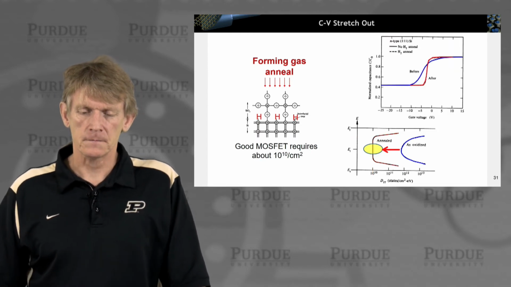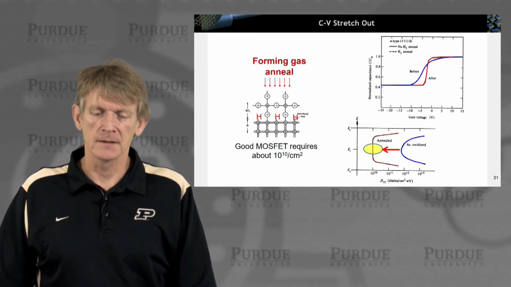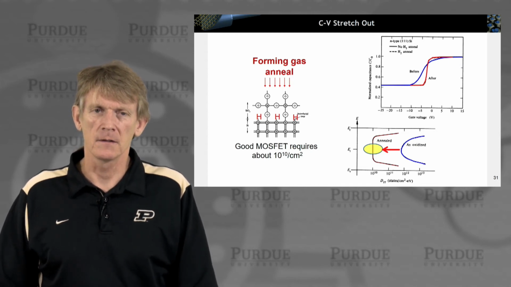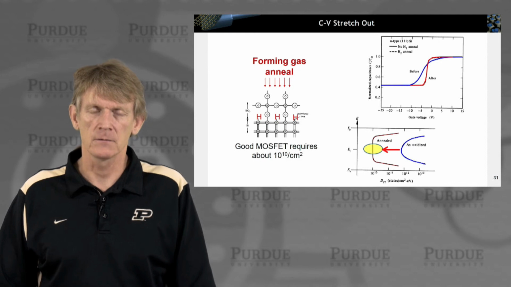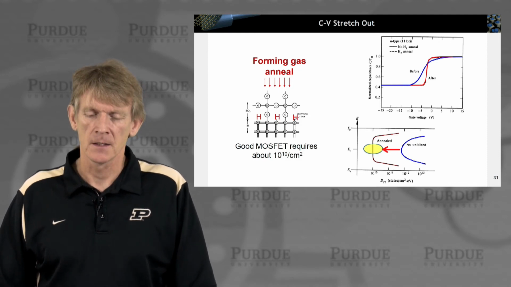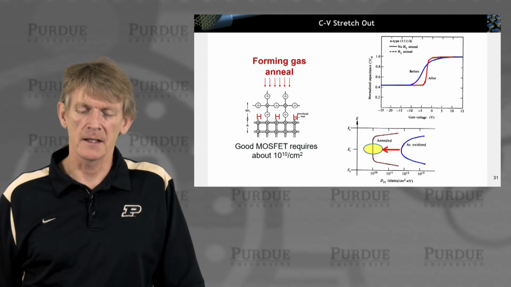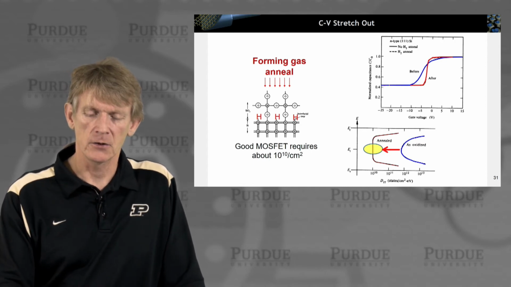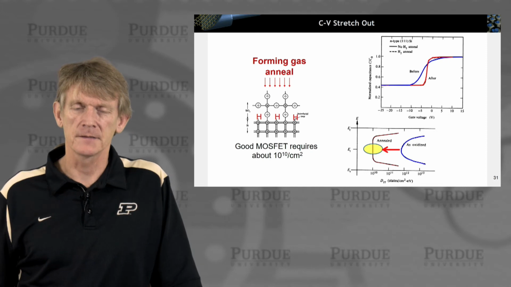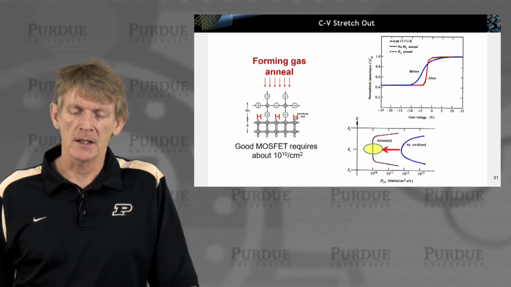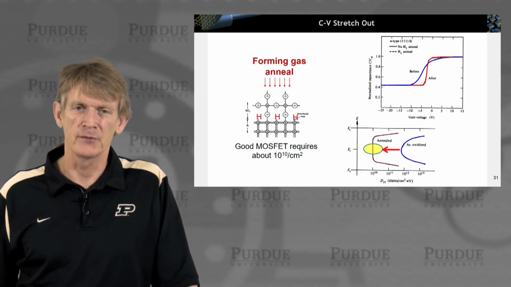All right, so if you had a structure, again we have here an N-type substrate where we measure the CV. If you have not done any anneal, you'll get a CV curve as shown in blue, and after the anneal, the curve looks sharper. So something happened between the before and after.